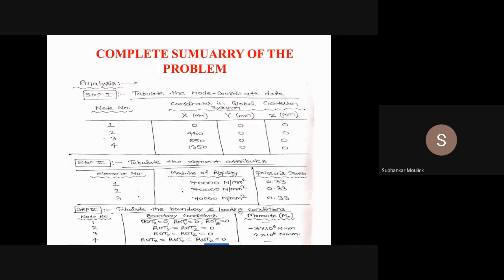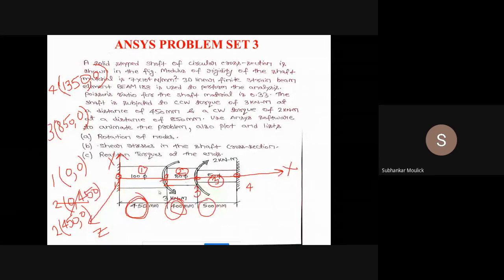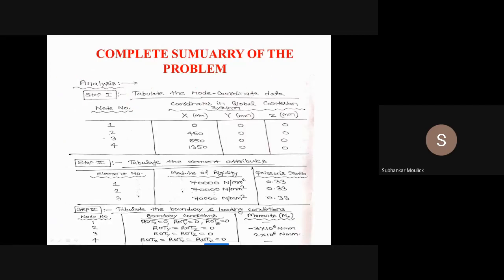And what do we mean by element attributes? By element attributes, we mean the value of E, the value of G, that is the modulus of rigidity, and the value of Poisson's ratio for all the materials. In this problem, for all the elements, the modulus of rigidity as well as Poisson's ratio is the same.